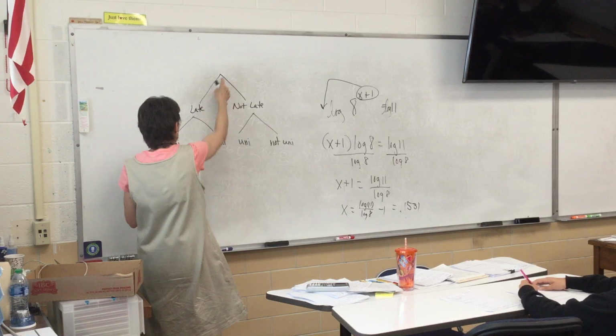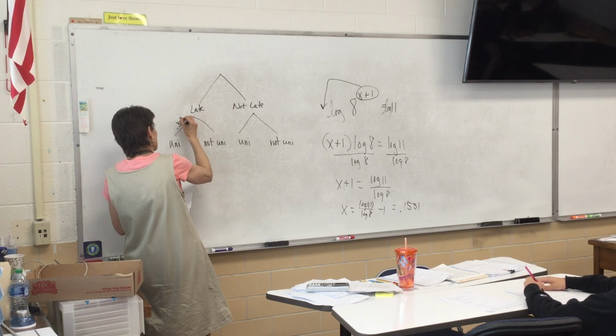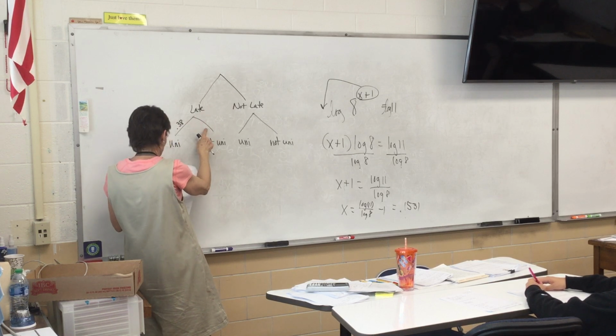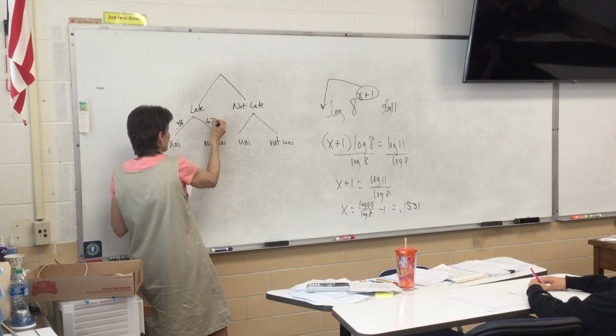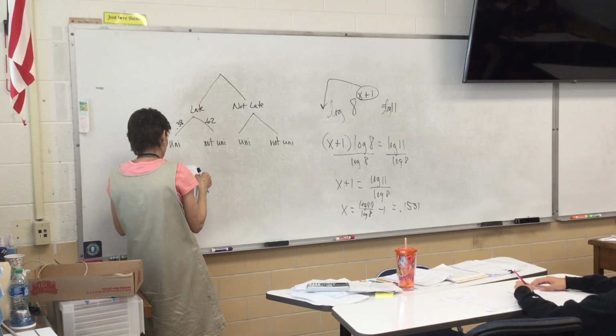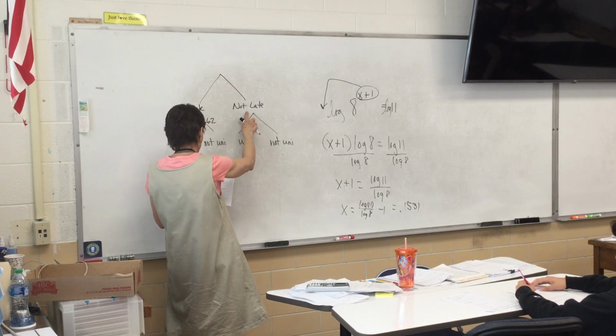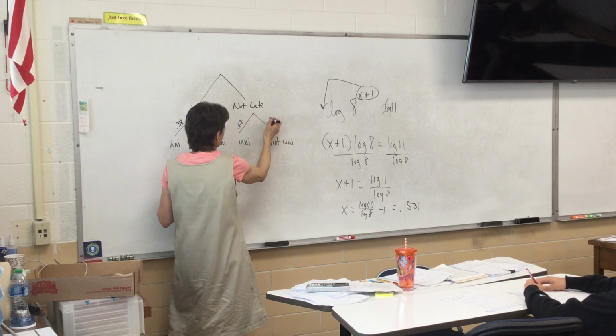So if a student is late, his probability is 0.38, which means this probability is 0.62. If a student is not late, his probability is 0.68, which means this is 0.32.